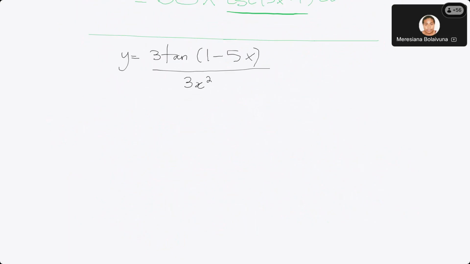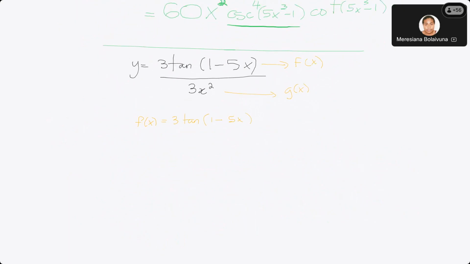So how do we use quotient rule? For quotient rule, you identify f of x. So usually f of x is the numerator, and then the denominator is usually labeled as g of x. So f of x is 3 tangent 1 minus 5x. When you differentiate 3 tangent 1 minus 5x, the 3 remains.